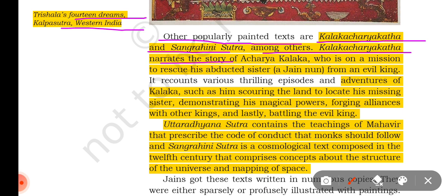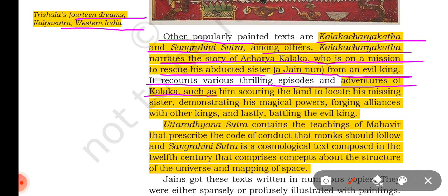Kalakacharya Katha narrates the story of Acharya Kalaka, who is on a mission to rescue his abducted sister, a Jain nun, from an evil king. They recount various thrilling episodes and adventures of Kalaka, such as him scouring the land to locate his missing sister, demonstrating his magical power, forging alliances with other kings, and lastly battling the evil kings.